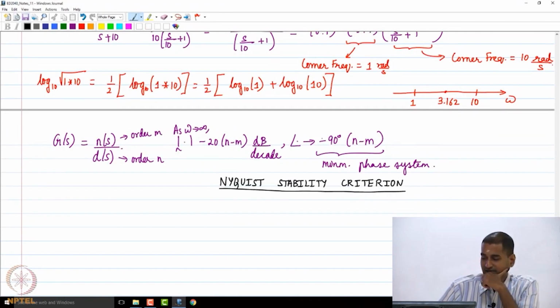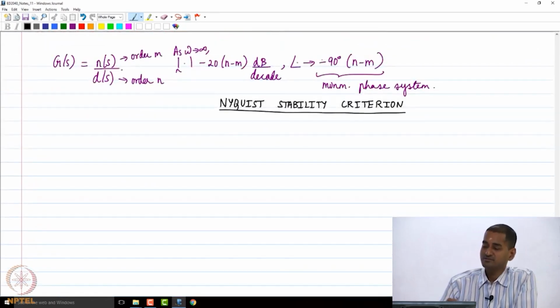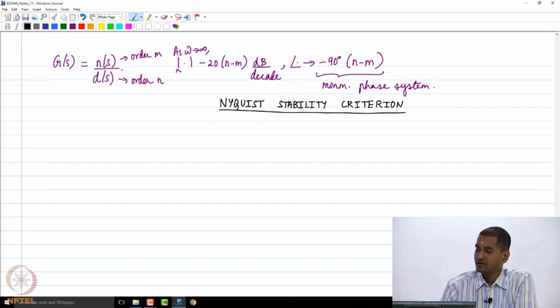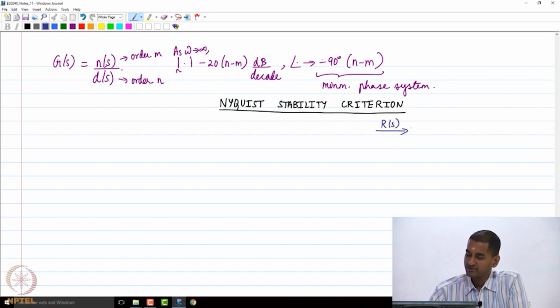One important application of the Nyquist plot is to figure out the stability of the closed loop system. If you recall our block diagram of the closed loop system that we have been looking at, the forward path transfer function was g of s.